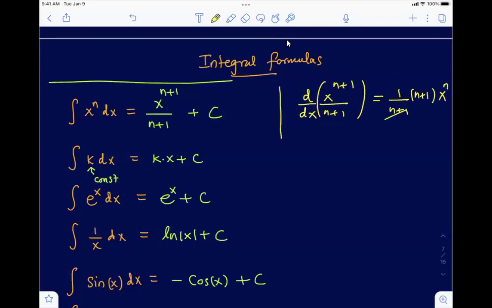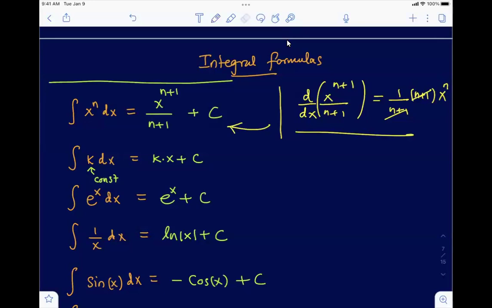Now these two will get cancelled with each other, leaving just x to the n, and that is exactly what you are looking for here, right? The integral of x to the n. So that's how you can justify this formula. It is none other than knowing the derivative and reversing it.